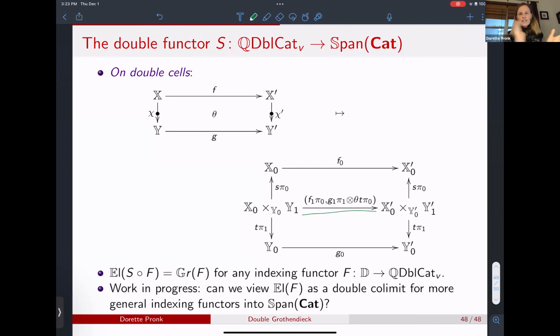That's our next part that we first want to work on. And there are other questions to ask, like, I'm curious actually for David Jaz Myers's work: does it tell us more about the constructions that he has made there and their role in dynamical systems to know that they are colimits, so they can be seen as fibrations? That's something that I would love to hear from others about.